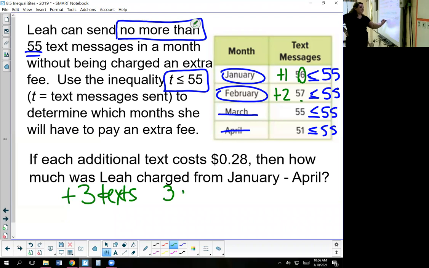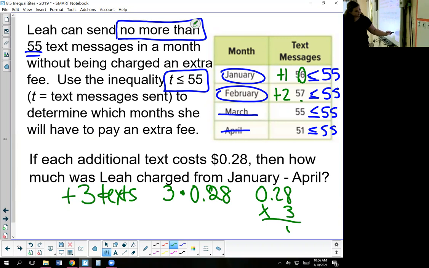If each text costs 28 cents, we can multiply by 28 or add 28 three times. So how much did she get charged? 28, 56, 84. Only 84 cents over. So not too bad. She got charged 84 cents. She went over what she was allowed.